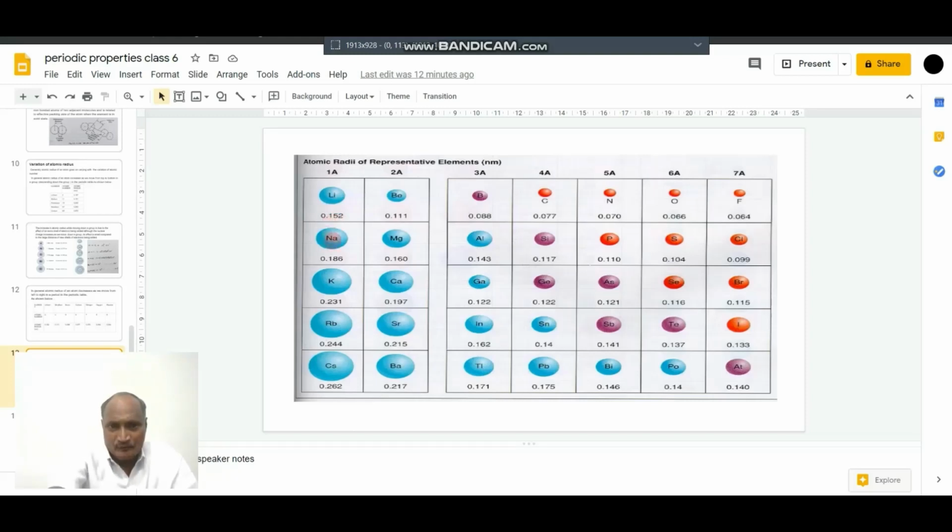As we move from left to right in any period, there is a regular increase in the nuclear charge, but the electrons are being added into the same shell.